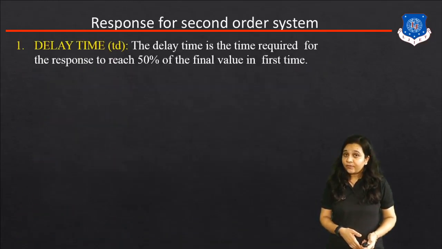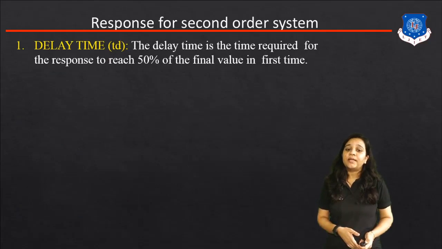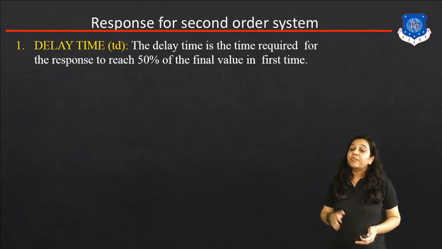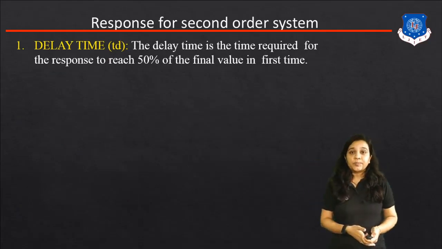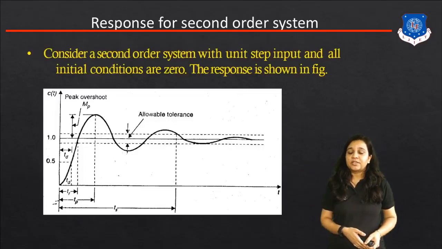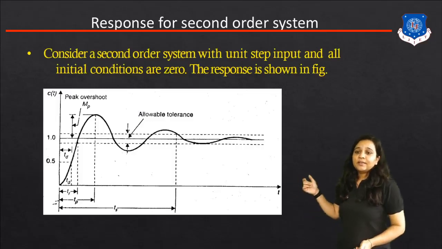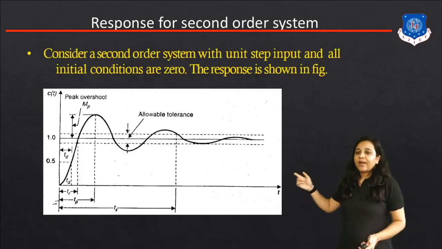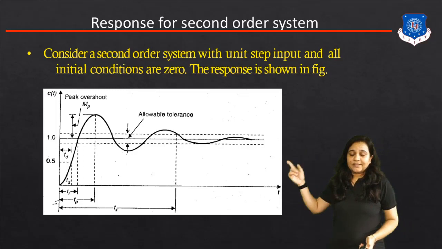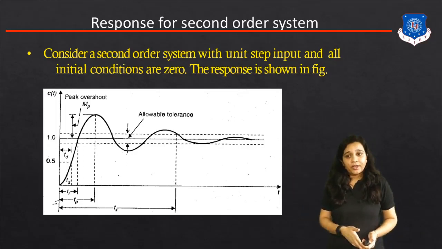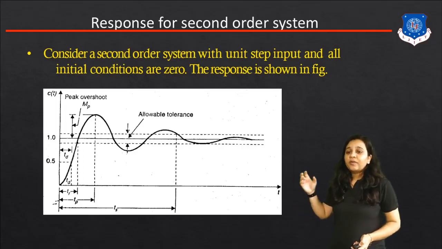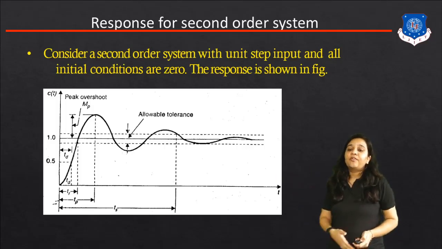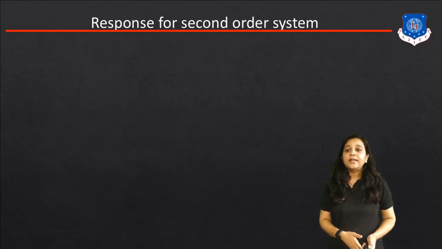First of all, what is the definition of the delay time? Delay time is the time required for the response to reach 50% of the final value the first time. Here you can see in this graph that we can define the final value as 1, that means c(t) is equal to 1. If my output reaches the 0.5 value, this time is known as the delay time for this particular system.